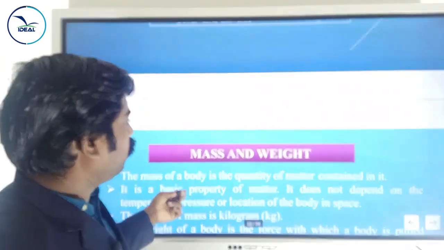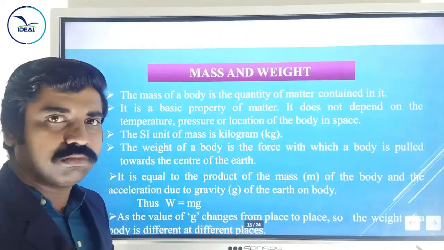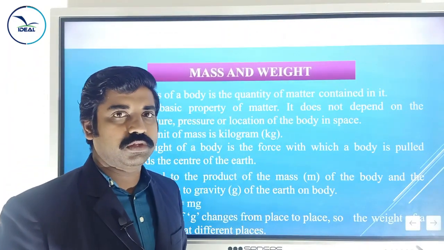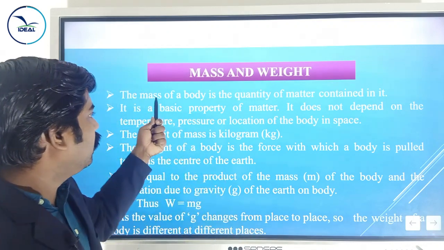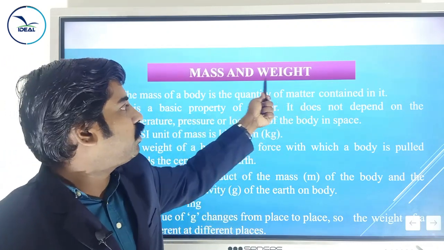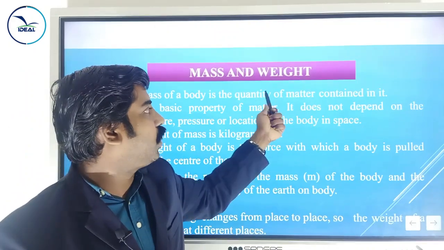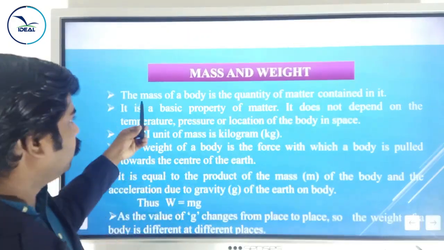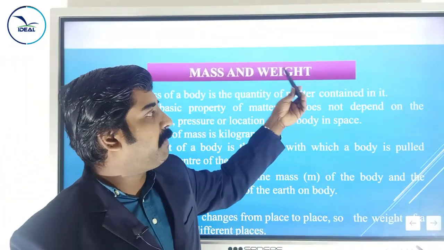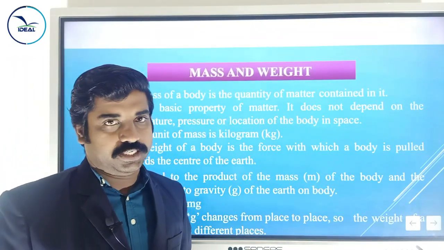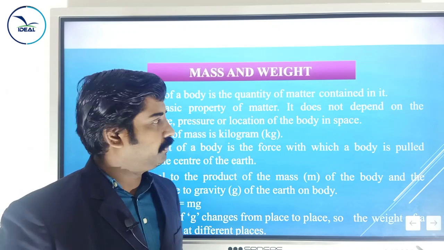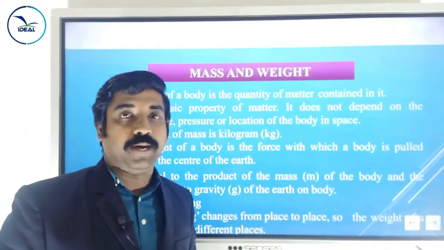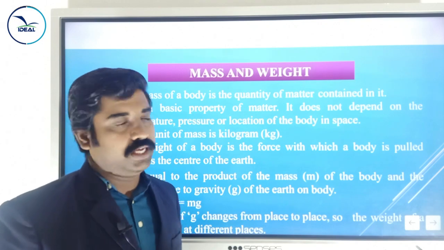And next one, mass and weight. What is the difference between mass and weight? Mass is the amount of matter, or quantity of matter, contained in an object. In Malayalam it is called pindam, matter.